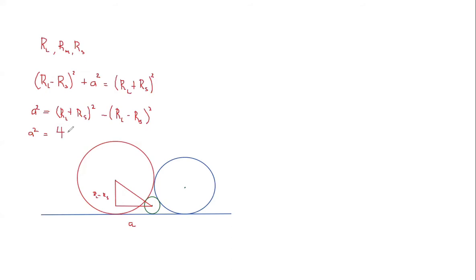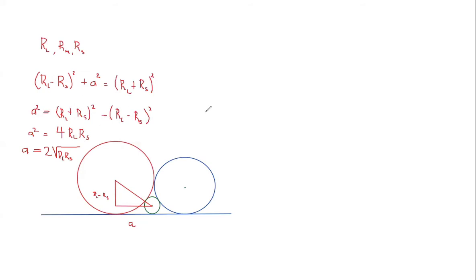So A squared is 4RLRS, or A is equal to 2 root RL RS.